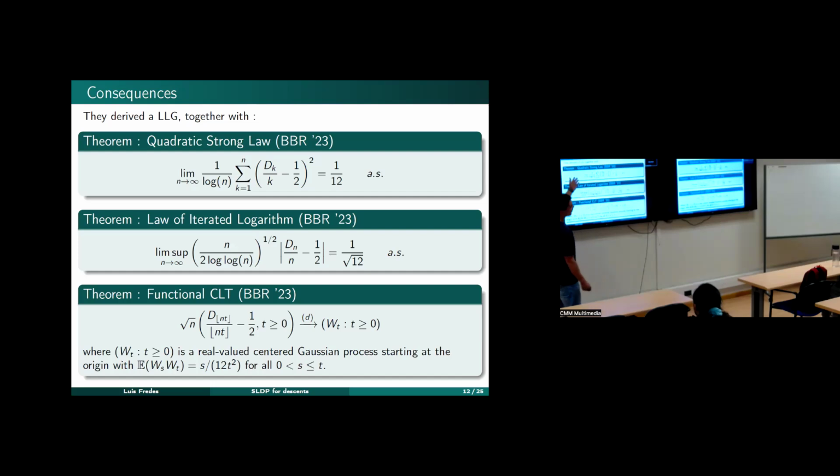So they derive obviously a large deviation principle, as I showed before, a quadratic strong law, a law of the iterated logarithm that tells you which are the boundary curves in your process, a functional CLT, so this is kind of a Brownian motion result, and of course the functional CLT gives you the description of the natural CLT as a marginal at t equal 1.